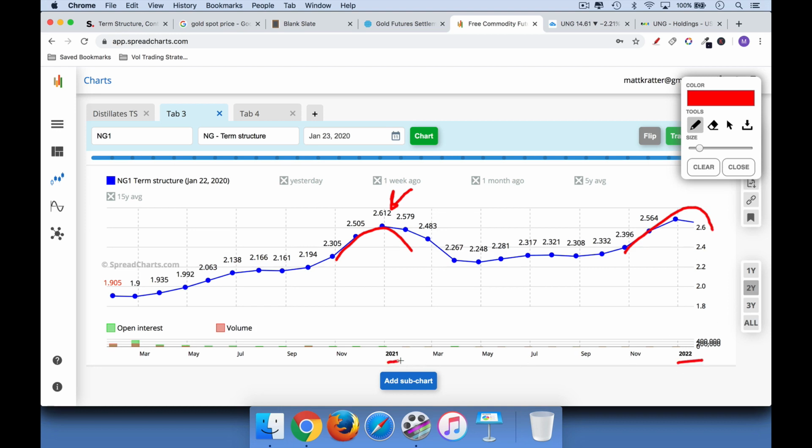Now, why might we see these humps in the winter? Well, the main reason is simply because more people need to heat their house in the winter, certainly in the northern hemisphere. And as a result, natural gas prices are higher in the winter, simply because there's more demand for natural gas in the winter than the summer.